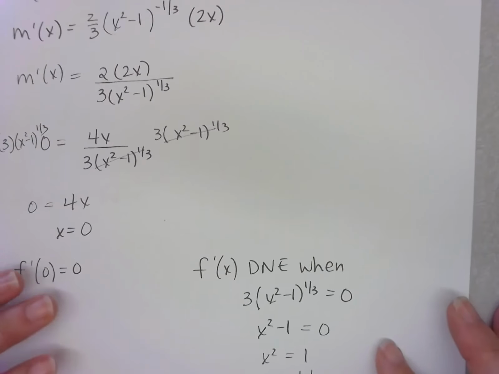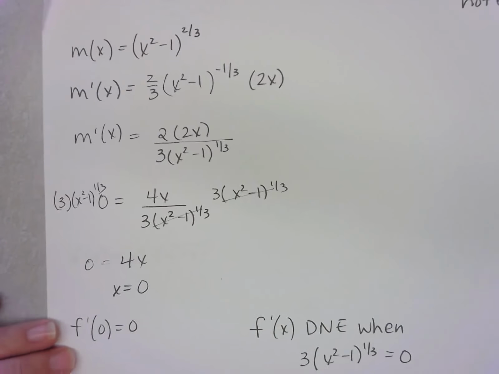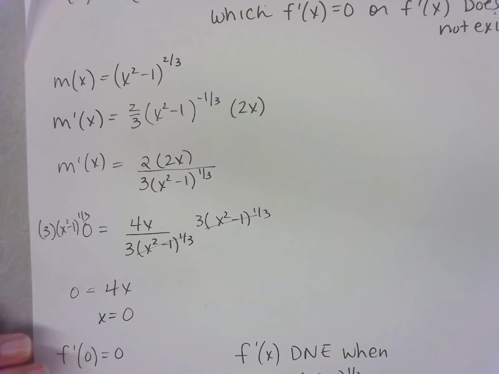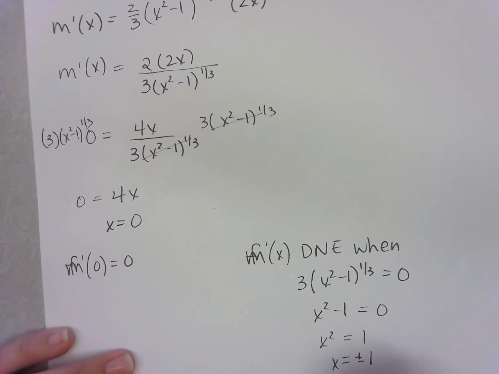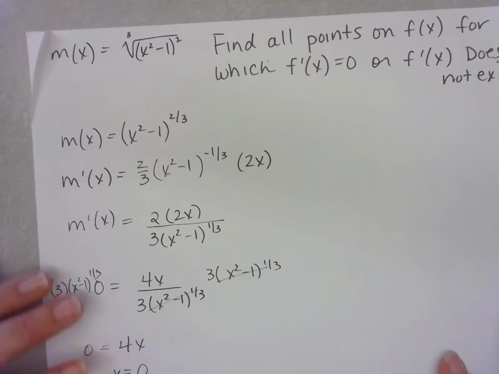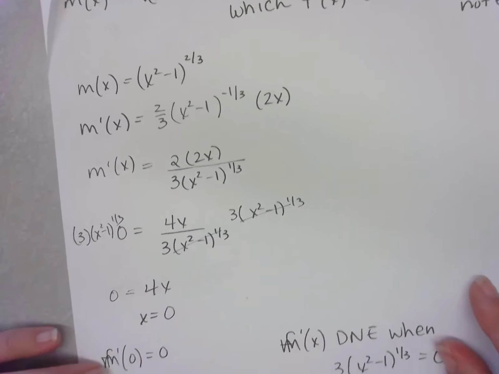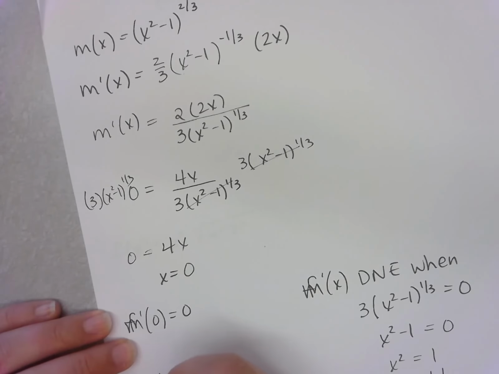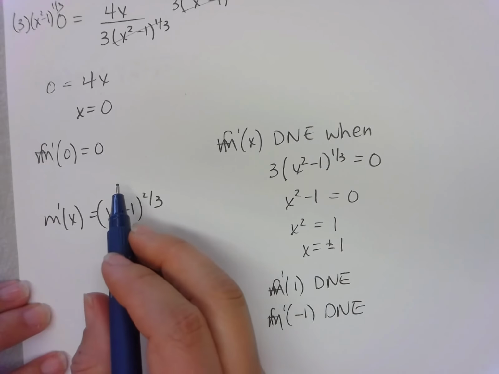Now it said points on f, and so let's come back up here and look at m. Actually, oops, I called them f instead of m, so I'll just change these. Sorry about that. So my m of x is, I'm going back to my original function here because that's where I find my point values. So I'm going to plug in 0.